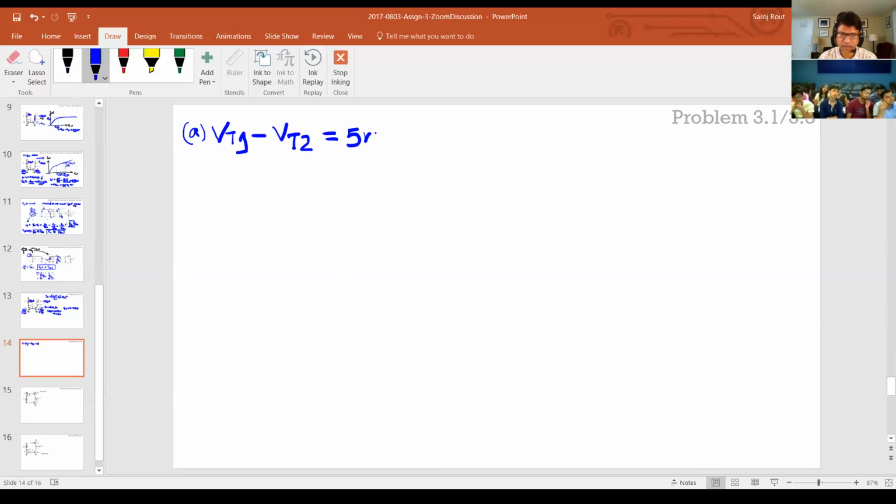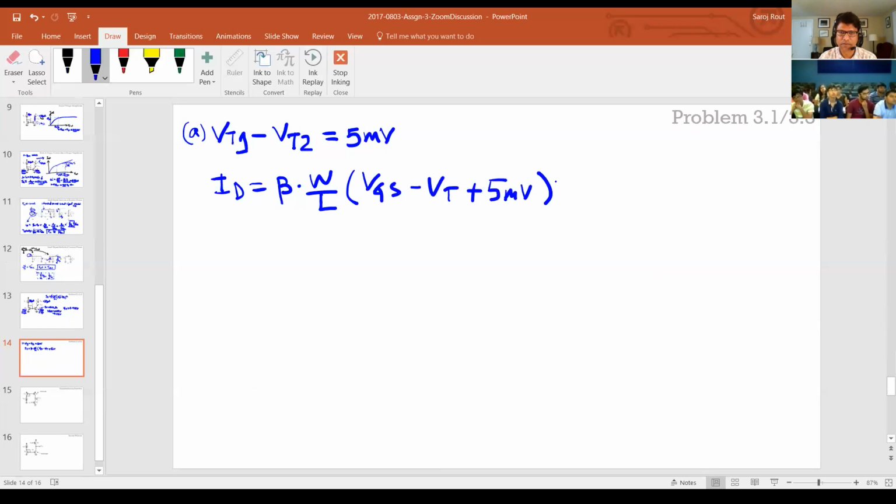So I think the question is, what will be the change in the current? Now, if you write the equation for the current again, so ID equals beta times W over L times VGS minus VT, well, let's say this is plus, so this is, let's say 5 millivolt, squared, right?